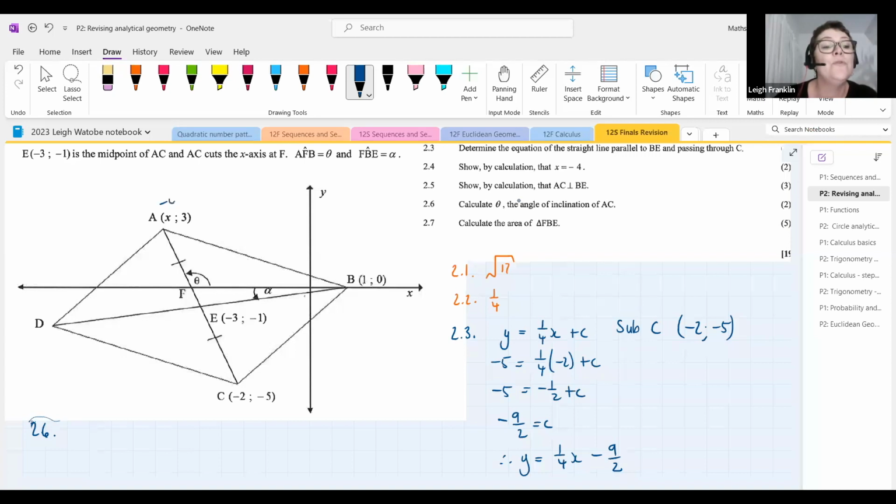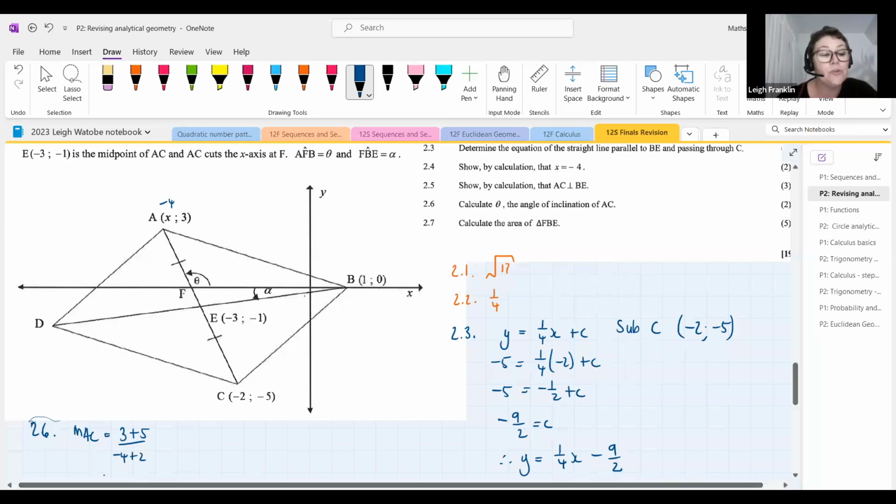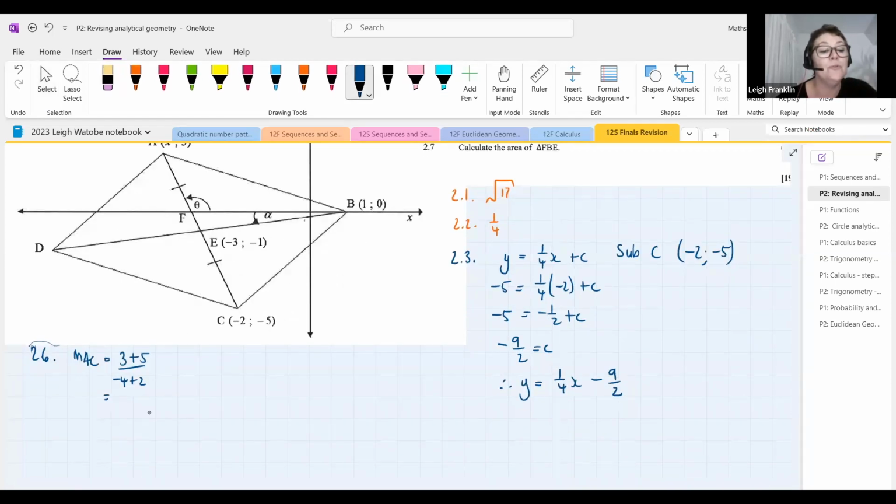You have shown that the x coordinate at A is equal to -4, working backwards from the midpoint formula. So the gradient of line AC is going to be (3 + 5) over (-4 + 2). That gives you 8 over -2, so the gradient of that line is -4.